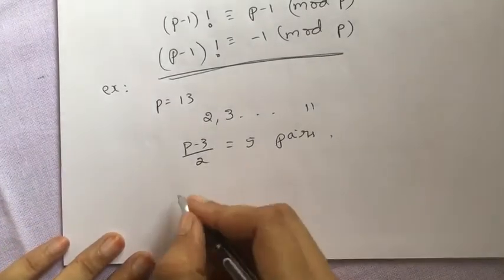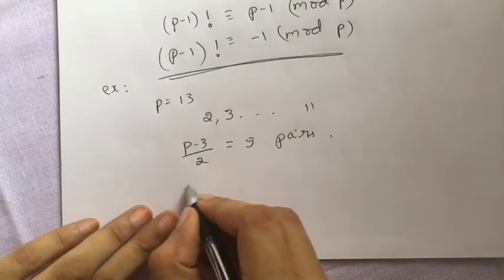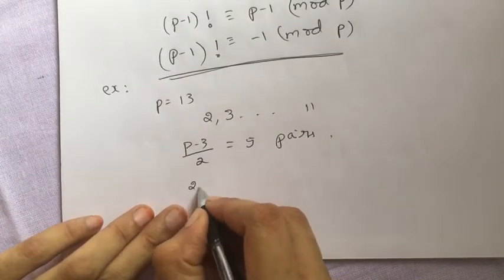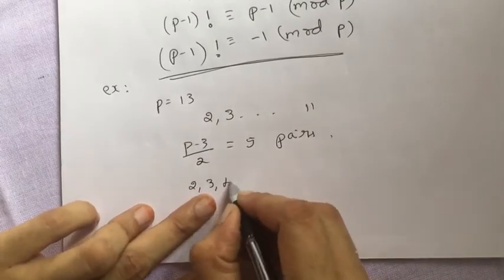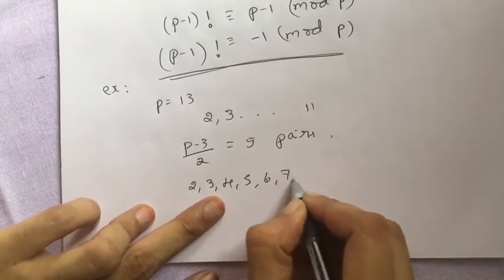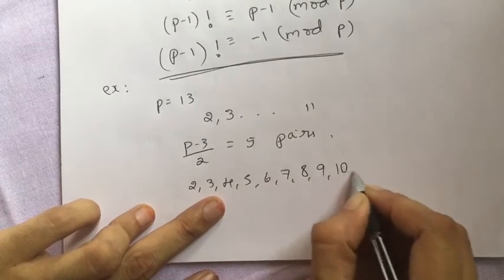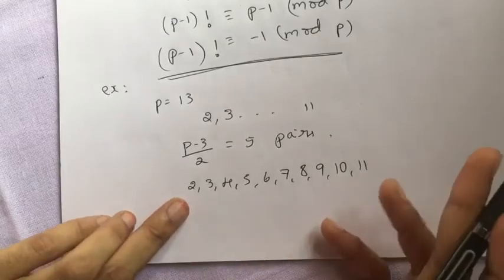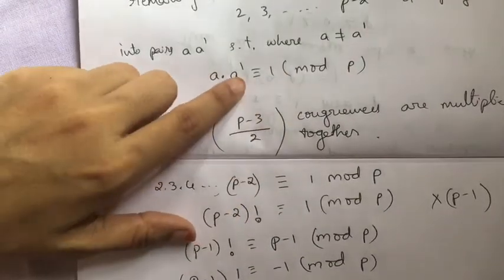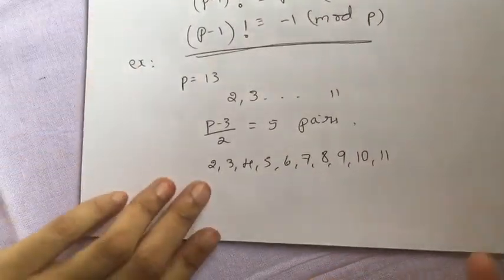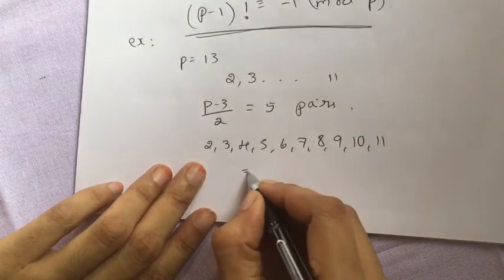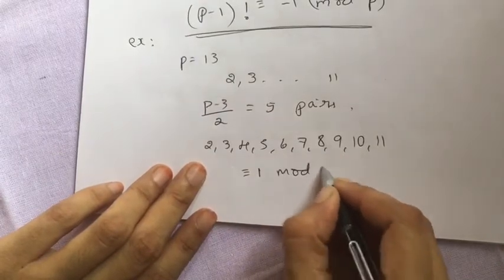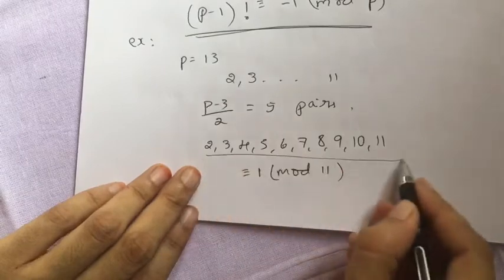So how to set them? You have 2, 3, 4, 5, 6, 7, 8, 9, 10, 11. I have to combine them in such a way that I get a into a dash is equal to 1 mod 11. So with respect to mod 11, which two numbers can I combine?